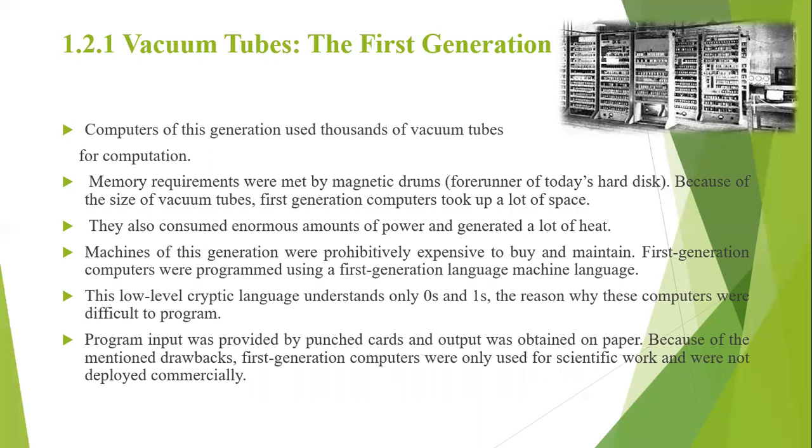First generation computers were programmed using a first generation language called machine language. Machine language used only zeros and ones. Machines, even today, are capable of understanding only zeros and ones.